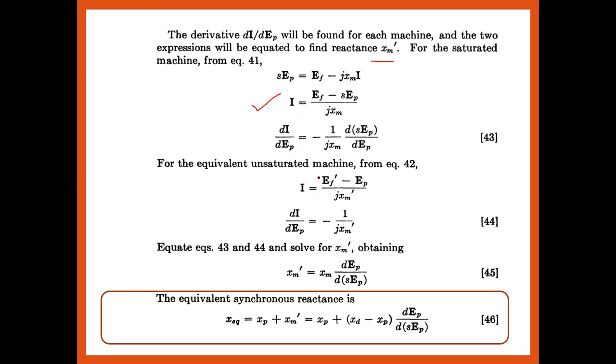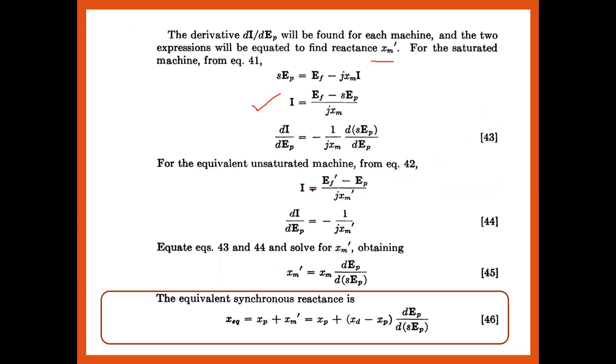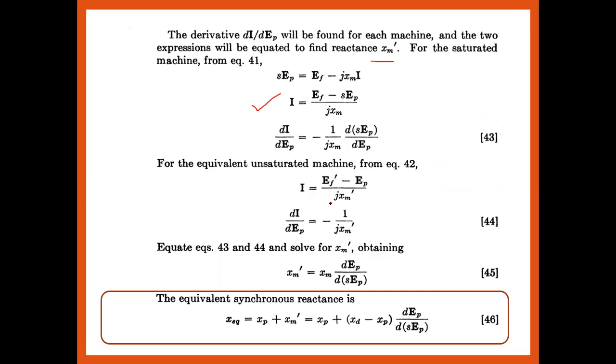For the equivalent unsaturated reactance, as shown in equation 42, I is equal to EF dash minus EP upon jXM dash. From this equation we can find I for the unsaturated reactance, and we can directly put its value here. Thus we get dI by dEP equal to minus 1 upon jXM dash.